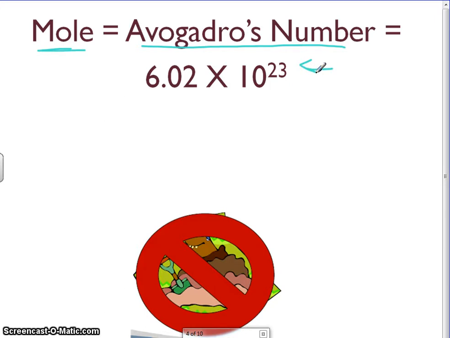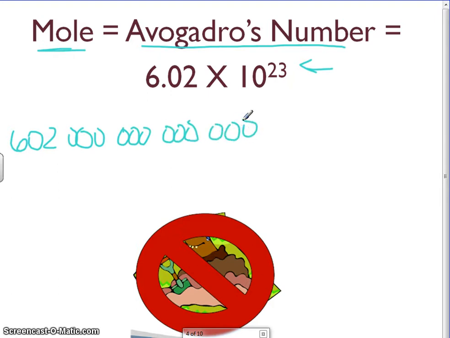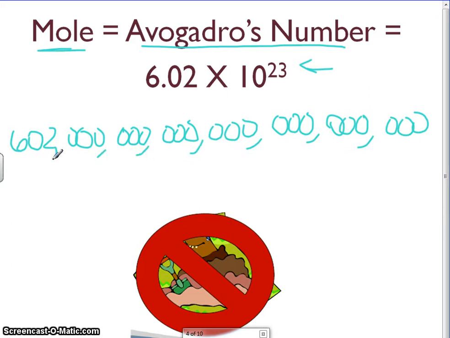If we were to write it out, it would be 602... This is 6.02 times 10 to the 23rd written out.